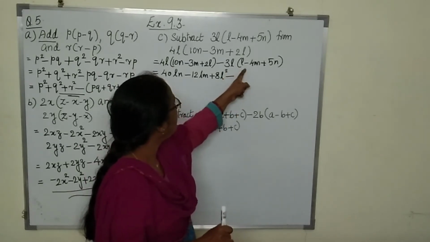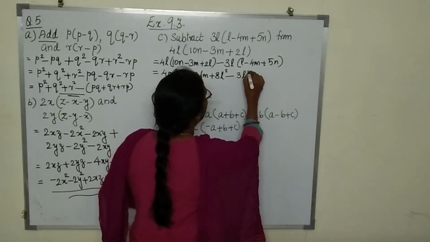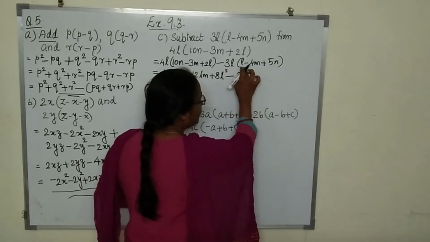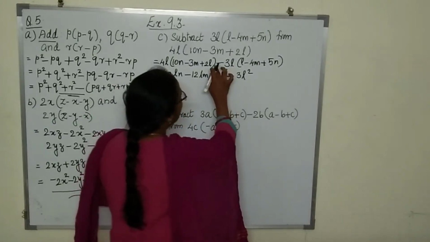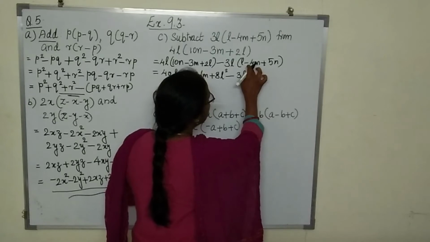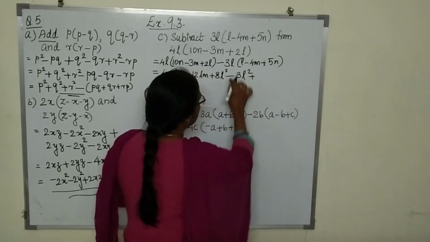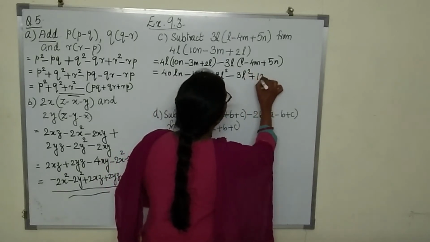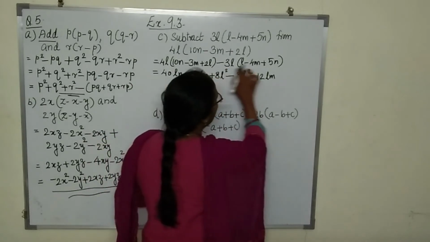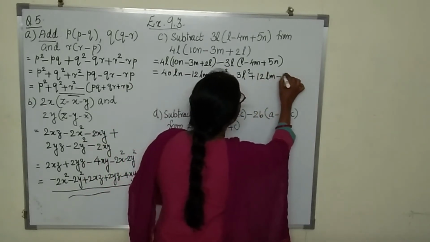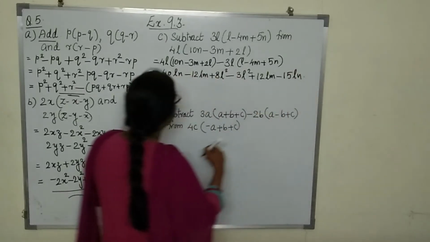So minus 3l into l is minus 3l square. Minus 3l into minus 4m, minus into minus will become plus, 3 4s are 12lm. Here minus 3 into plus 5 is minus 15ln.